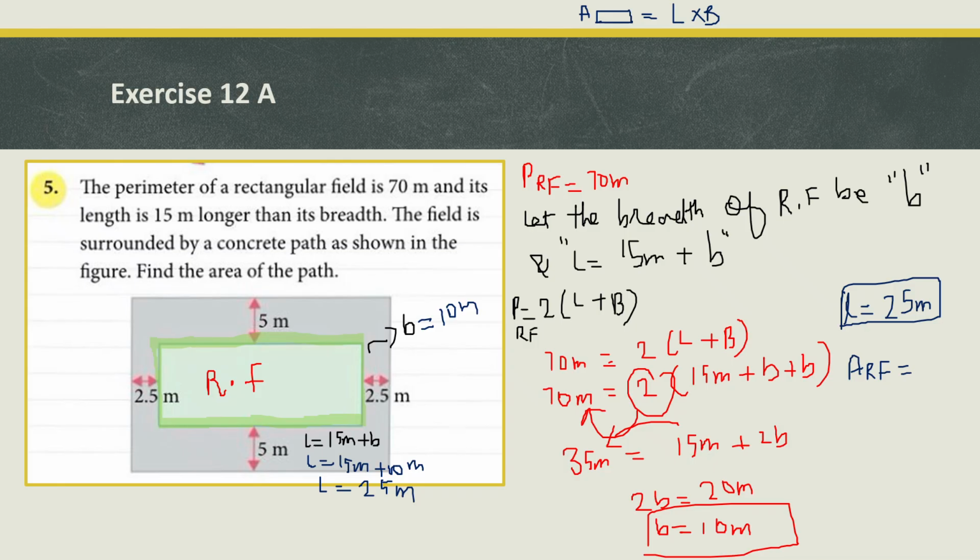So length is 25 meter and breadth is 10 meter. So area of rectangular field is equal to 250 meter square. Hopefully this is clear to everybody.